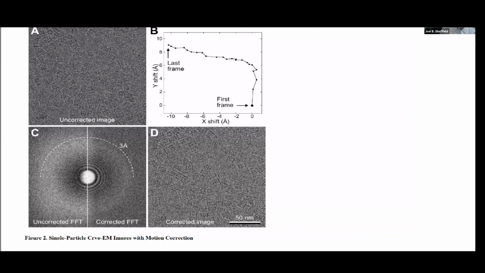And then you run into some other sort of unexpected problems. As you look at a sample, this is a very strange set of images, but as you look at this image in the electron microscope, even though it's vitrified, even though it's cold, even though you're using a very low intensity of electrons to illuminate with, you get some almost thermal motion of these particles.